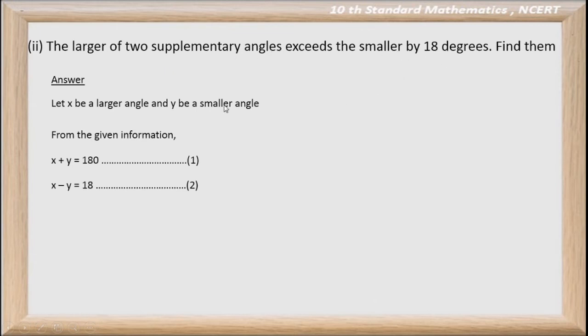That means the difference between these two angles is 18 degrees. So x minus y equal to 18. Make that equation number 2, with the first equation as the first one. Now we can find x and y. That means we have to find the angles x and y by using the substitution method.